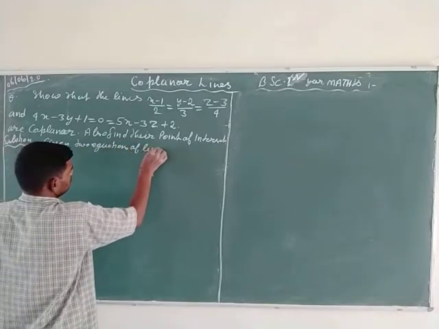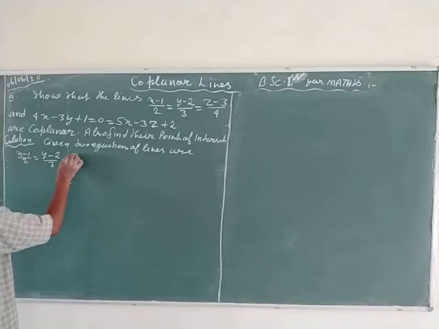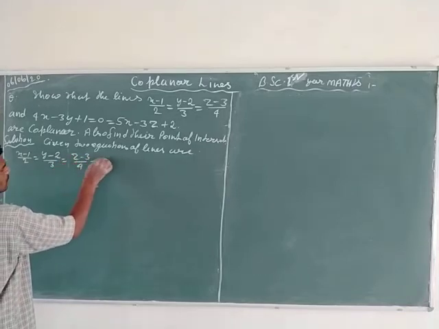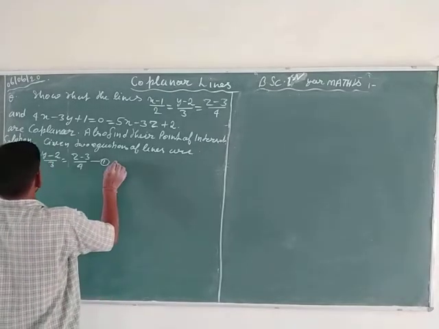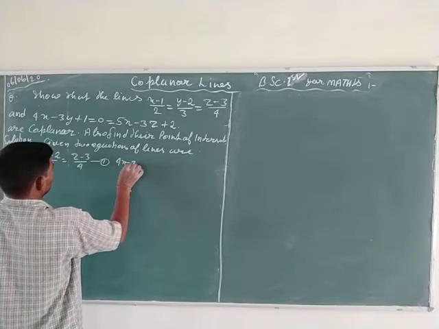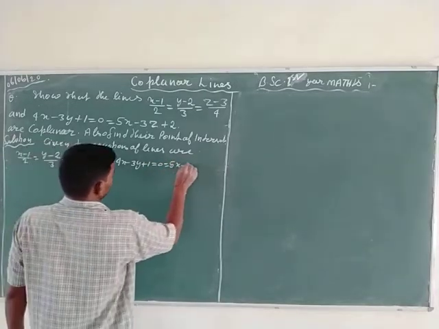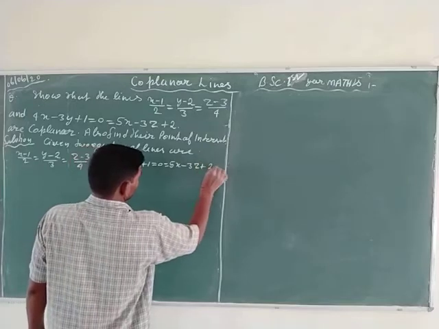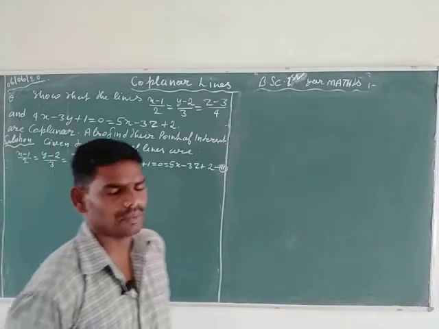The two given equations of lines are: the first equation is (x minus 1)/2 = (y minus 2)/3 = (z minus 3)/4, represented in the symmetrical form, and the second equation of the straight line is 4x minus 3y plus 1 = 0 = 5x minus 3z plus 2, given in the general form.